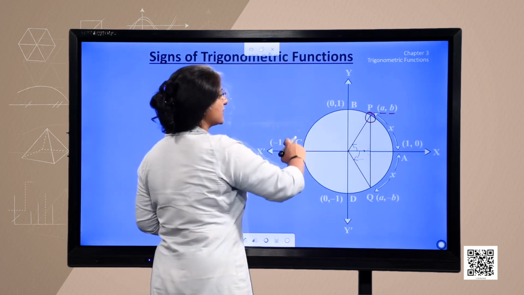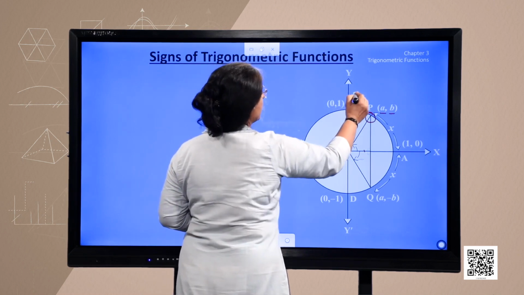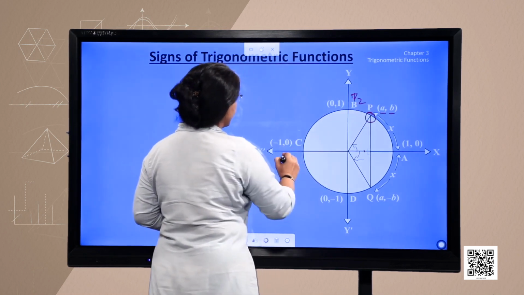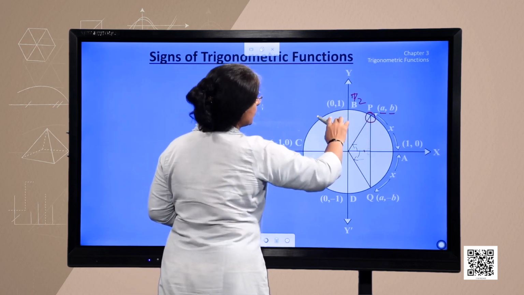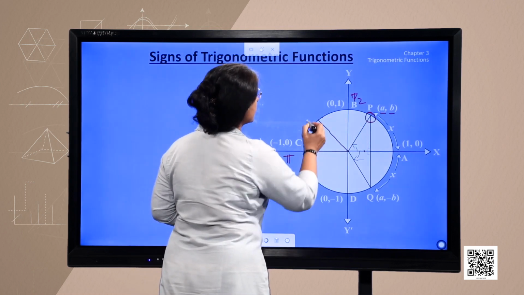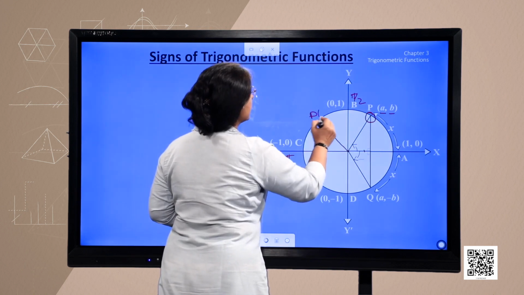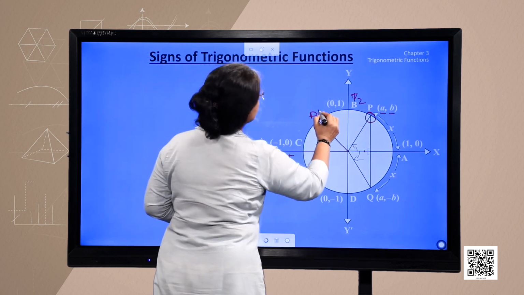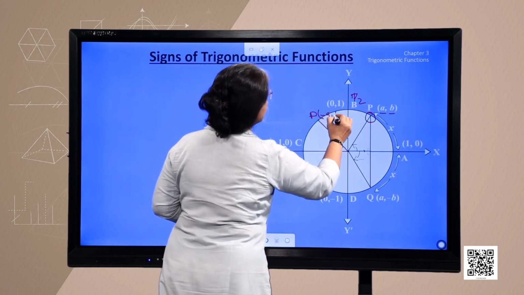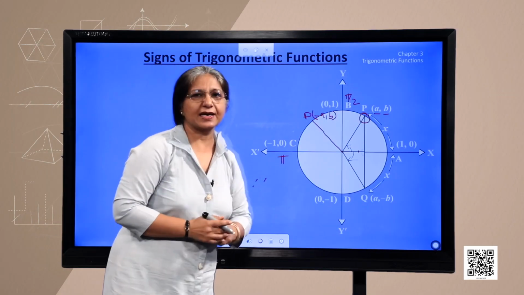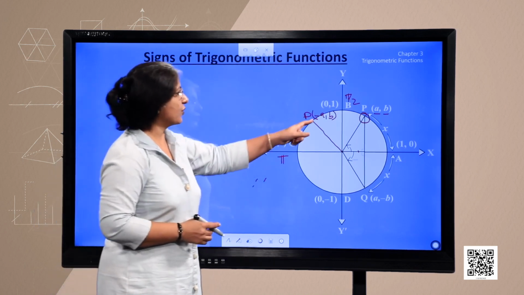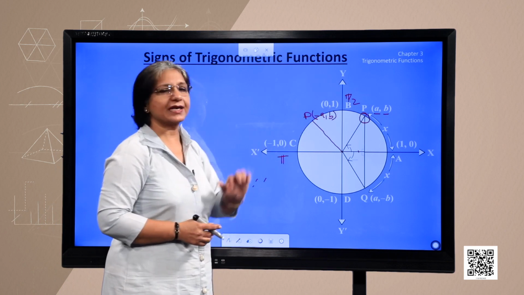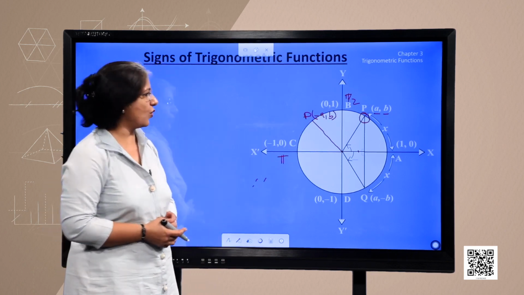When we come to the second quadrant, from pi by 2 to pi, if we move this ray to this point, its coordinates will be minus a and b. Here you see the first coordinate is negative, and the first coordinate represents the cos. Therefore, cos is negative and sin is positive in the second quadrant.